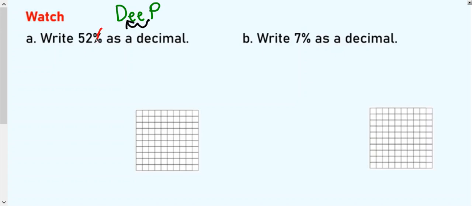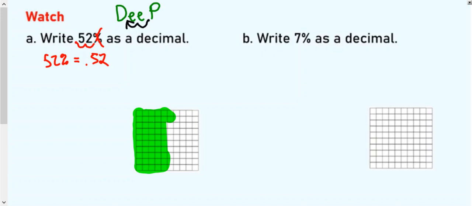So I'm going to remove this percent symbol, and then I'm going to slide my decimal 2 places to the left. So 52% equals 0.52 as a decimal. So we got 52% written as a decimal.